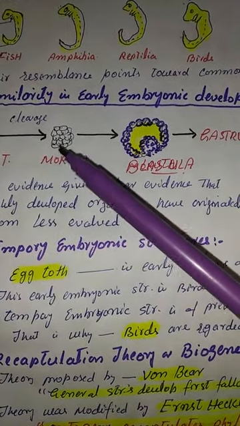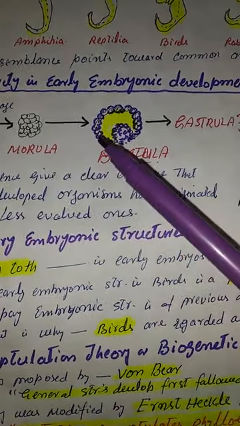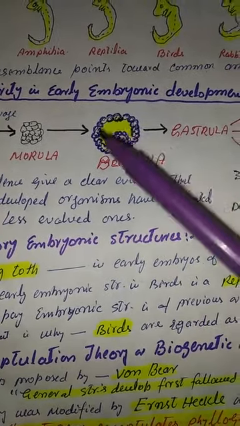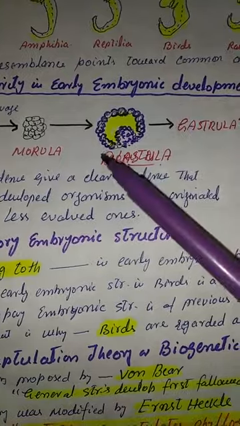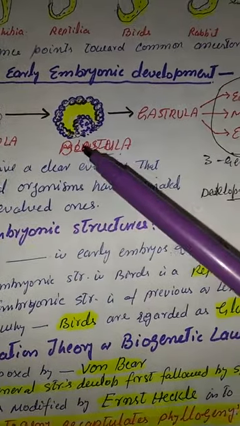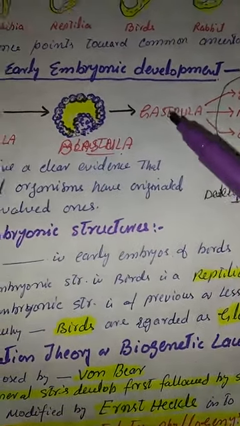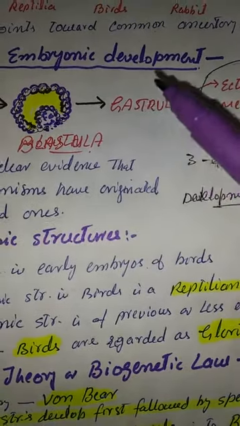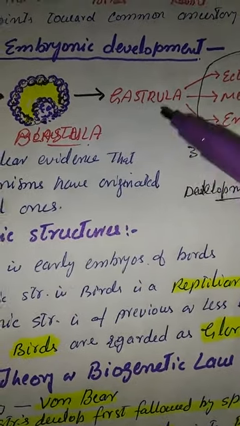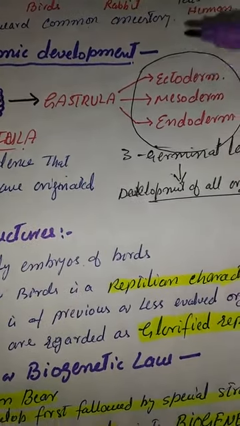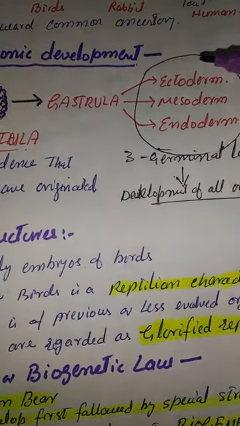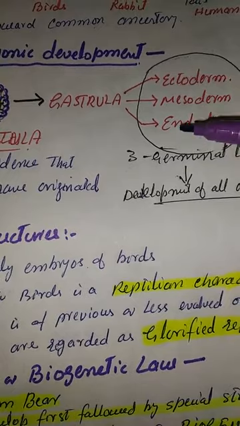Then there is the stage of blastula, and an air-filled cavity is formed in between the cell mass, and this is known as blastulation. And blastulation is followed by the formation of gastrula, or we call it gastrulation. Now, from the gastrula, 3 basic germinal layers develop, which are ectoderm, mesoderm, and endoderm.